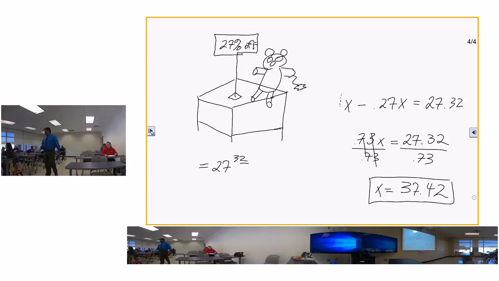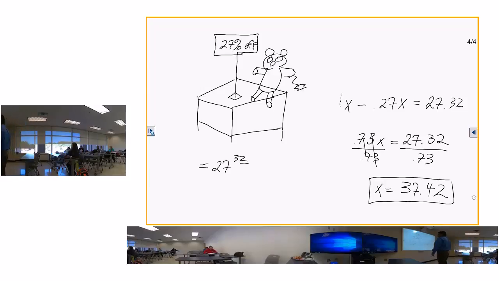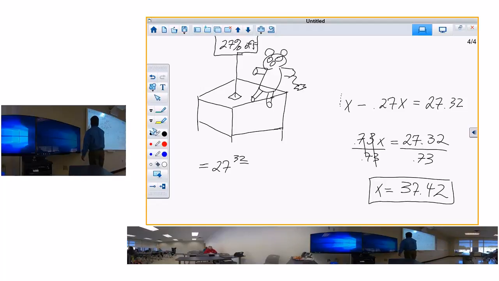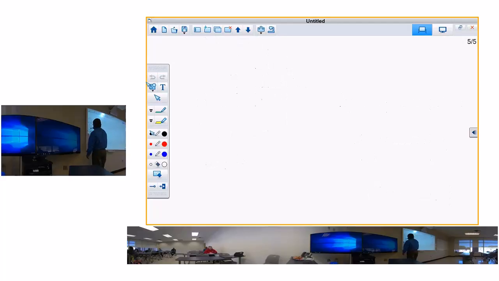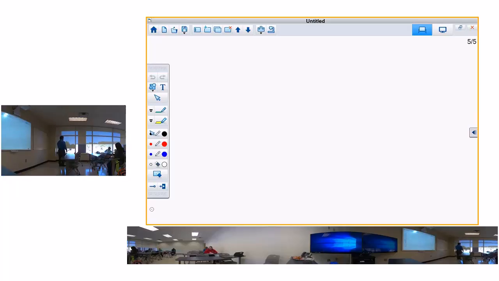Now, what if you want to find out the original price of a meal? Let's say that my favorite restaurant's Outback. So you go to Outback. I don't go downtown. Downtown's fake. I don't go down there. Every time I go down there, I see somebody that either owes my daddy money or owes me money, but they're eating downtown.